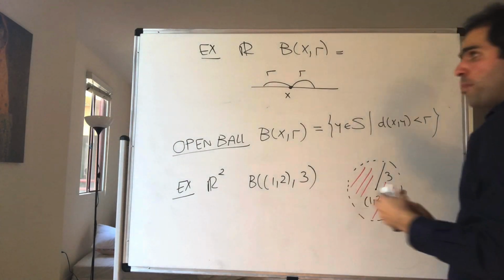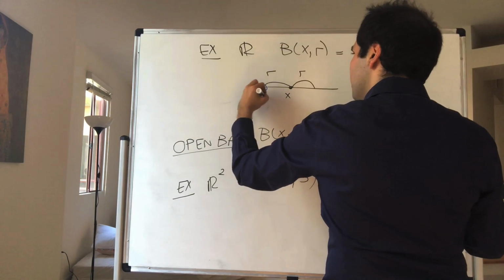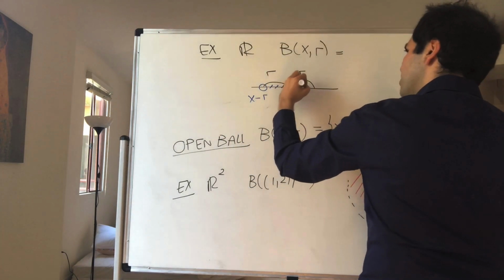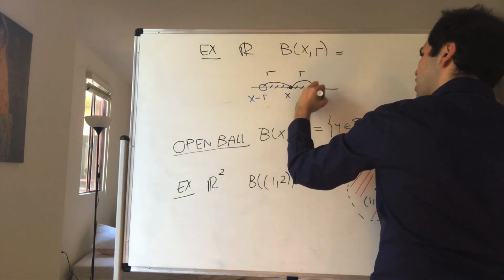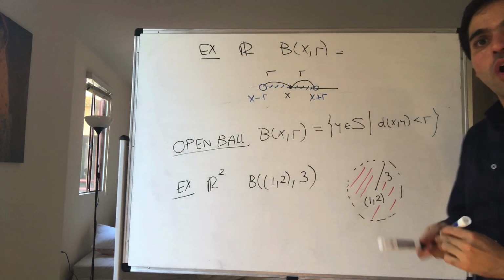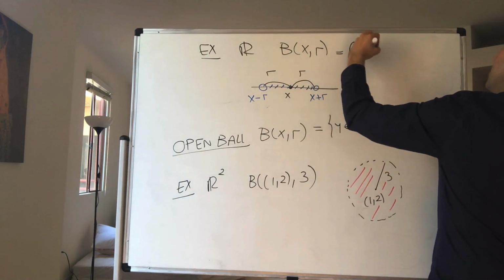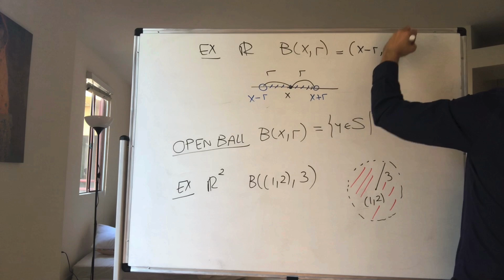Well, the open ball here turns out to be nothing other than the interval (x - r, x + r), because those are the points that are less than r away from x. So B(x, r) in this case is (x - r, x + r).